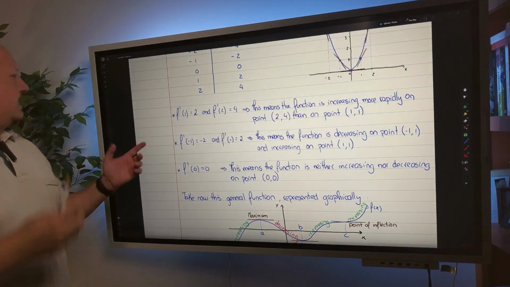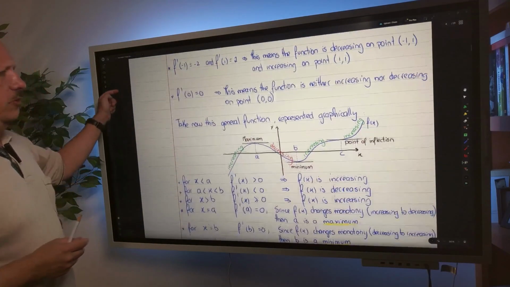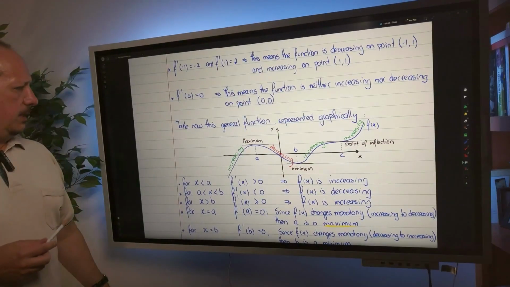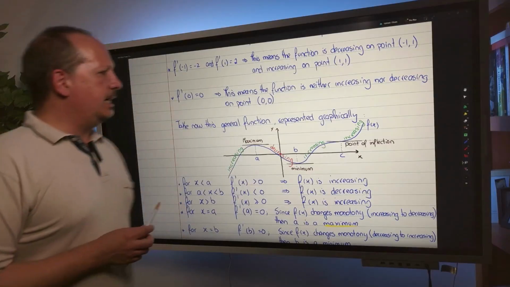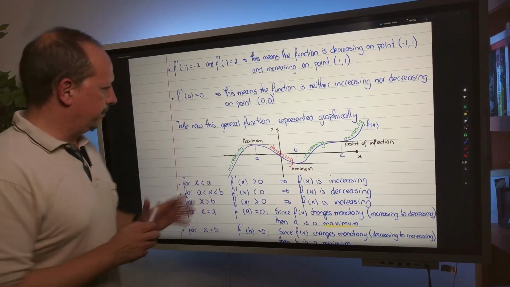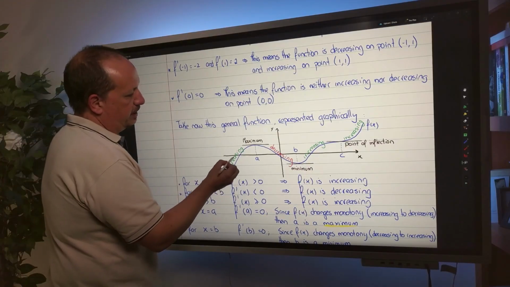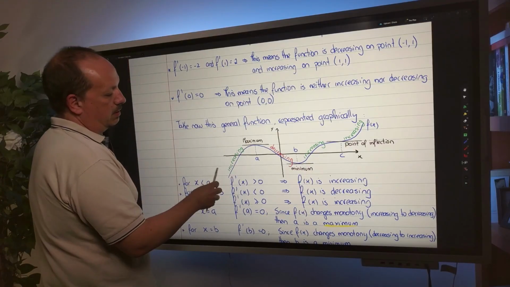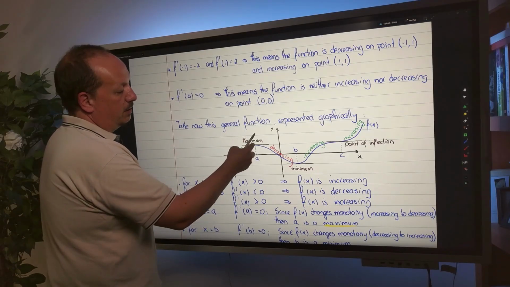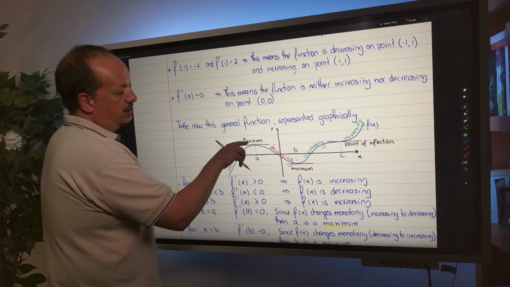Okay? Let's now look at a more general function, which I just represented by this random blue line. And let's just look at it and identify different parts of it. So on this part over here, it is increasing, right? It's increasing, increasing, increasing. Here you have a maximum. From this point onwards, it starts decreasing.